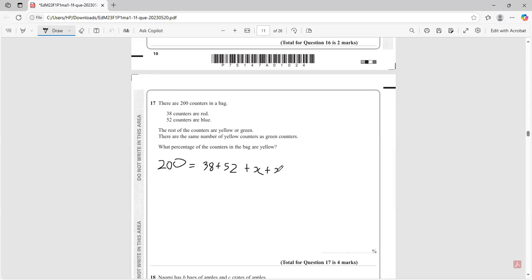And maybe it might pay for us to say this at the beginning. Let's say number of yellow is X. I'm sure they will understand if you are not writing number in full.